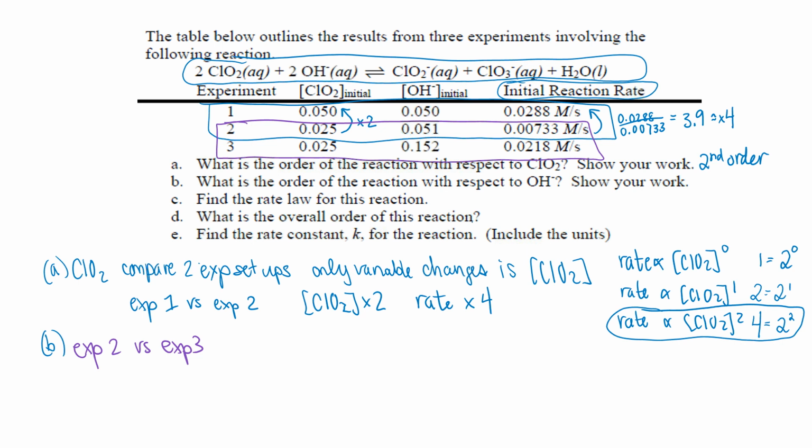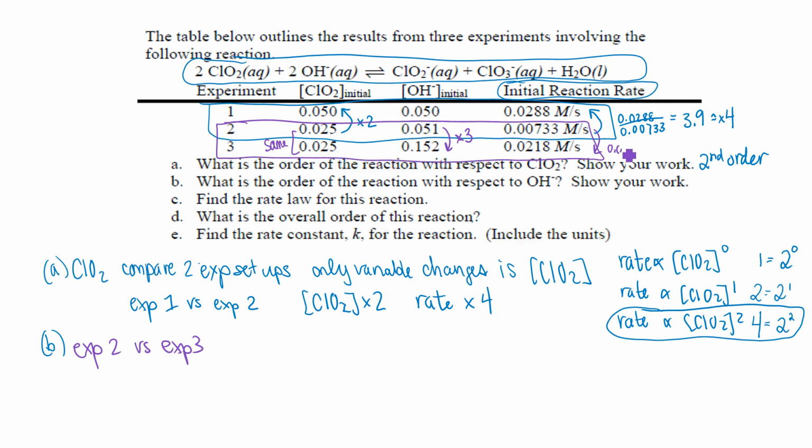Notice in those two experiments, the amount of ClO2 stays the same, but in experiment 3, the concentration of hydroxide has tripled. So in experiment 3 the concentration is 3 times greater than it is in experiment 2. Now I want to see what impact that has on the rate.